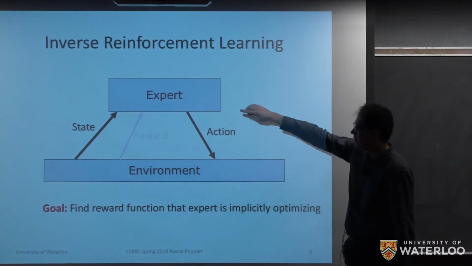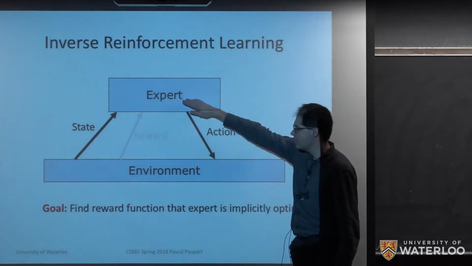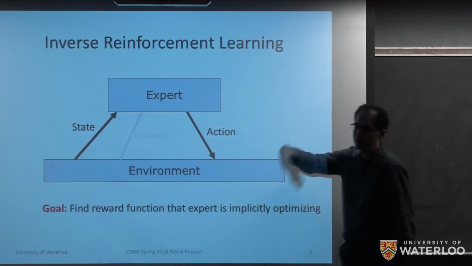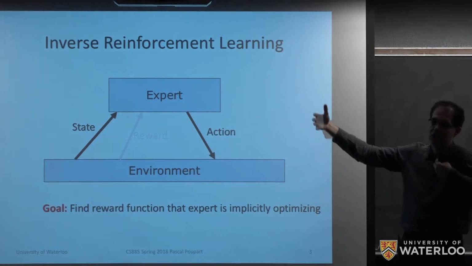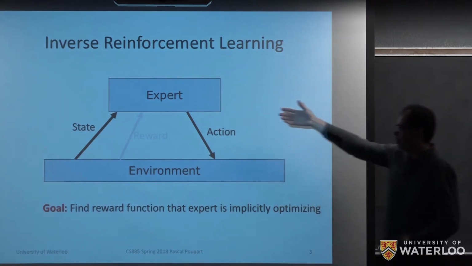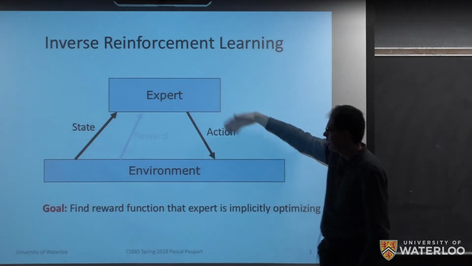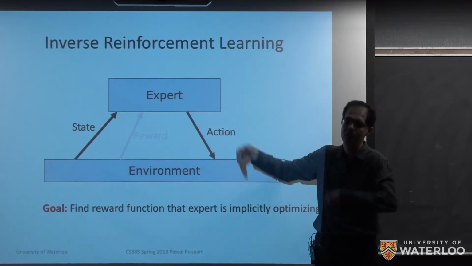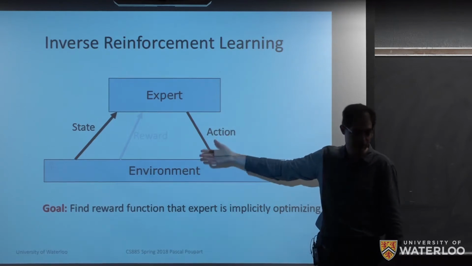Here you see, if you have an expert that's already executing some actions that are presumably good, then we essentially have the policy, or otherwise we have some demonstrations that tell us the optimal actions, or otherwise some very good actions in lots of states.